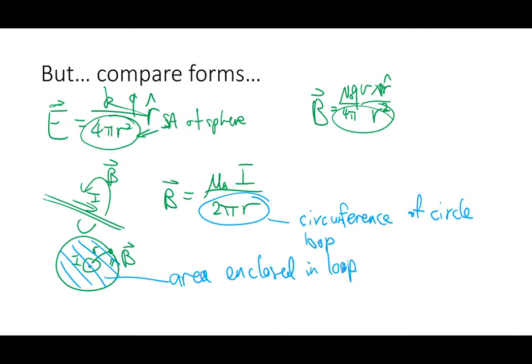And in fact, that is what Ampere's law is basically saying. If we track the magnetic field on all points on this loop, we can say something about the current going through it. So the form of Ampere's law ends up being, not dA, because we're not talking about flux, it's dL.